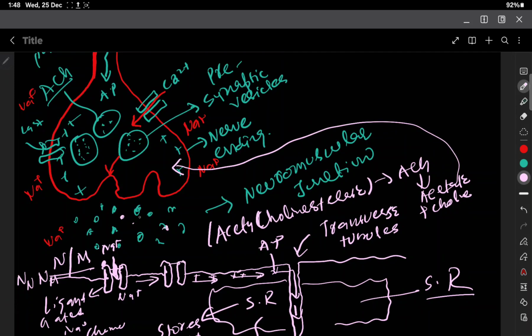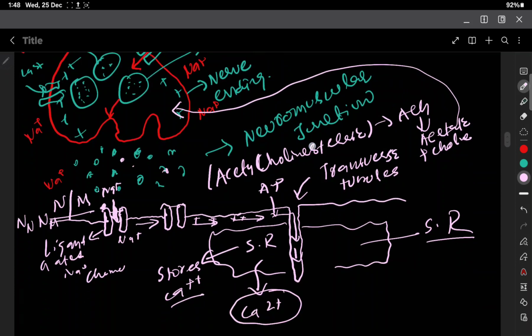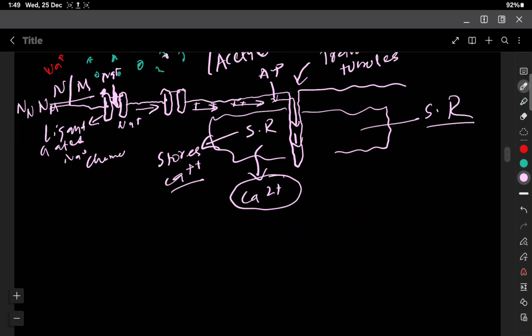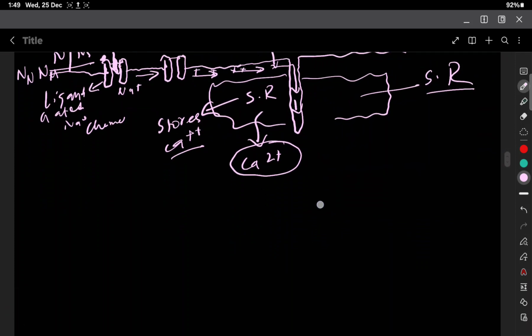This acetylcholine then binds with the receptors, either nicotinic or muscarinic. Then it causes the action potential to reach the sarcoplasmic reticulum, where calcium is released from the sarcoplasmic reticulum.